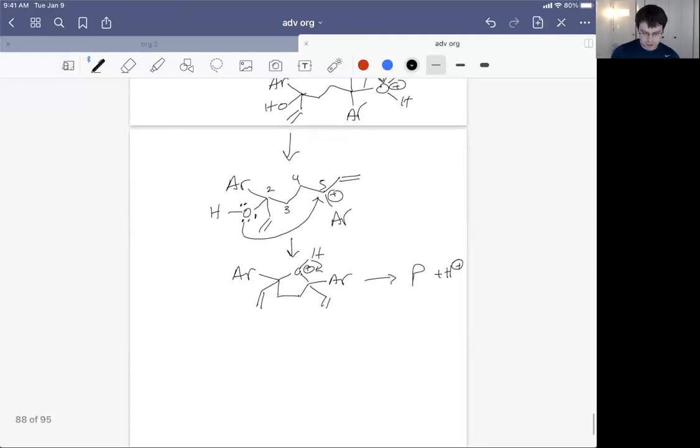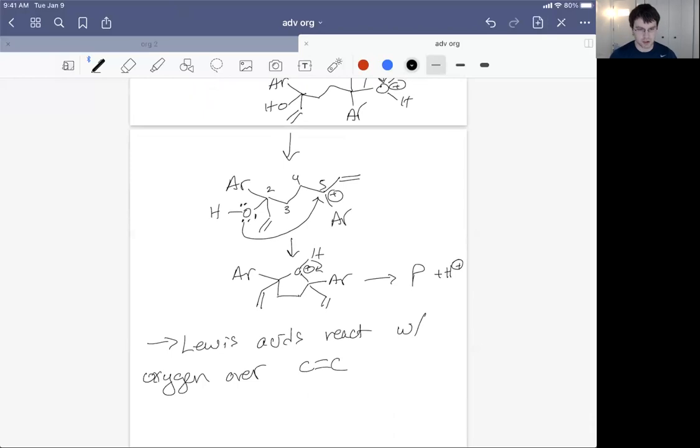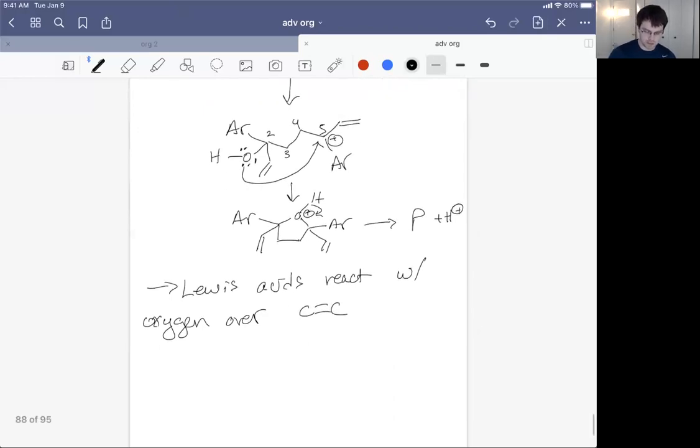Okay, now this is an important example because it illustrates that Lewis acids react with oxygen over carbon-carbon double bonds. And this is unusual because in many cases, strong acids often can react with alkenes.